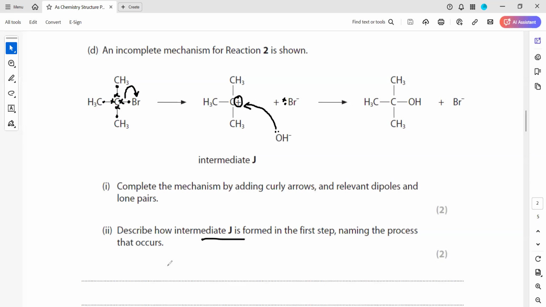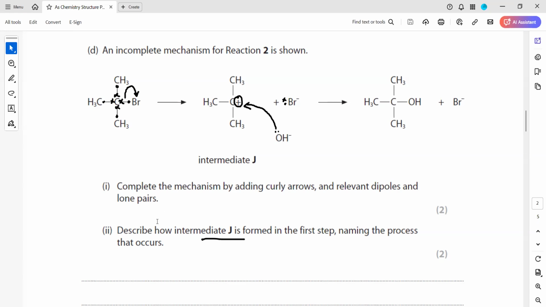So how is intermediate J formed? The formation of intermediate J is because of heterolytic bond breaking, or we can also say heterolytic fission, because the electron pair which was shared between the carbon and the bromine is transferred to the bromine atom.